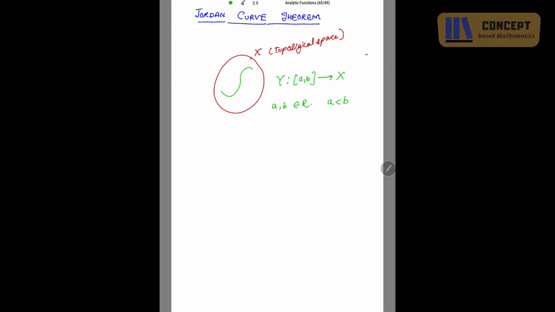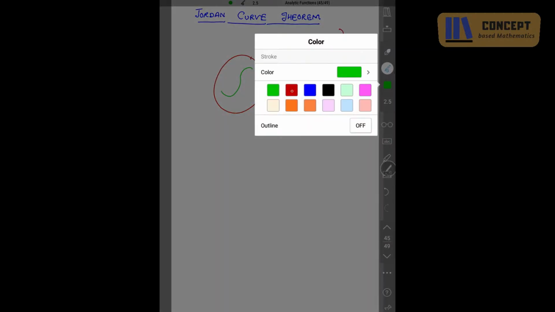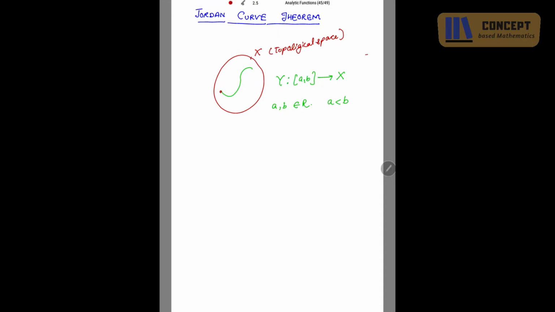So let's have this point, that is your initial point. So gamma at a, the first point, that is a. So gamma at a will be your initial point.